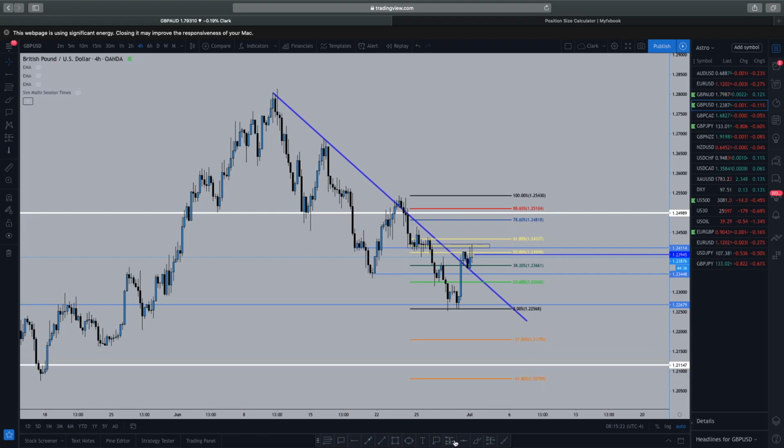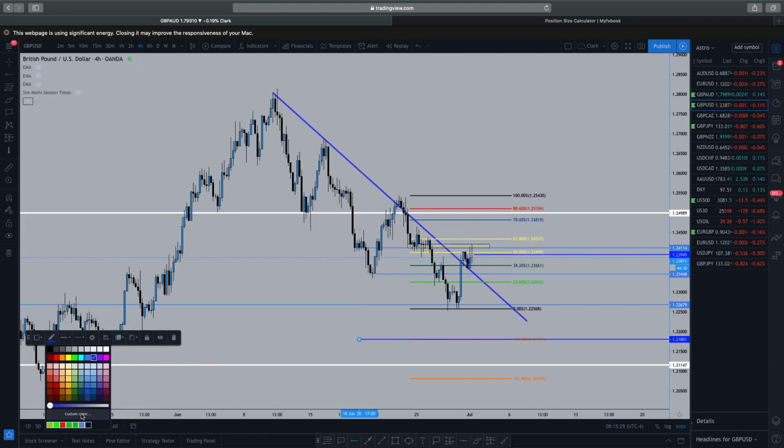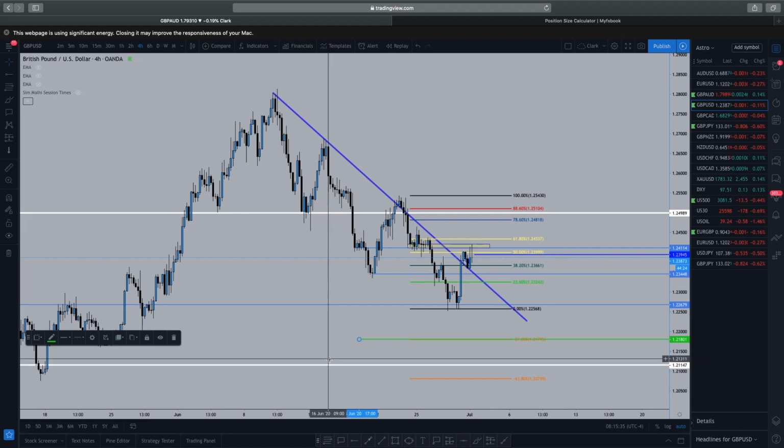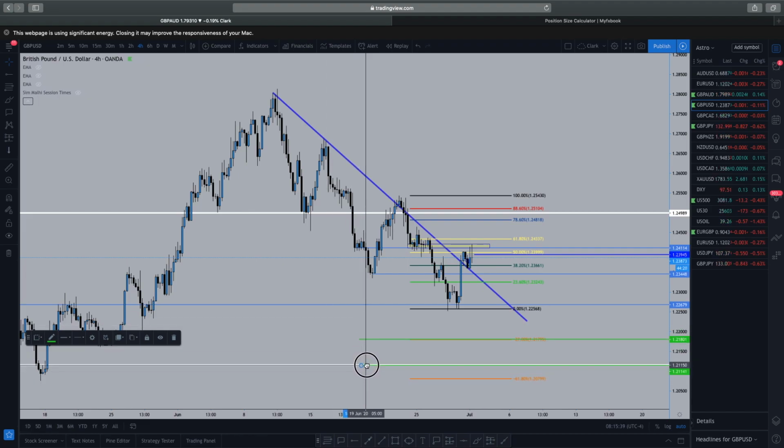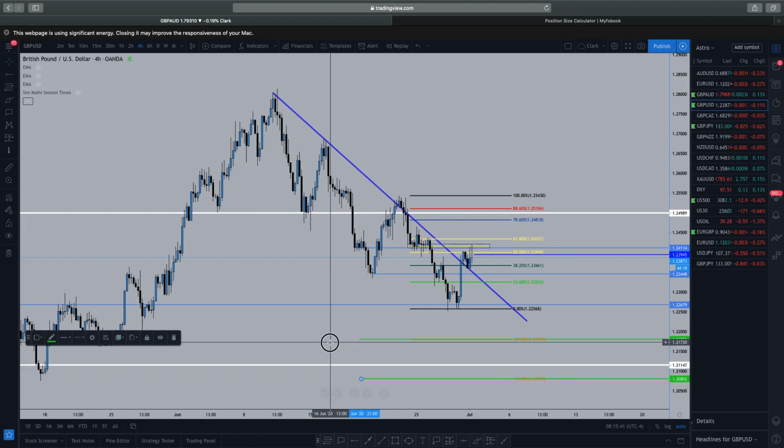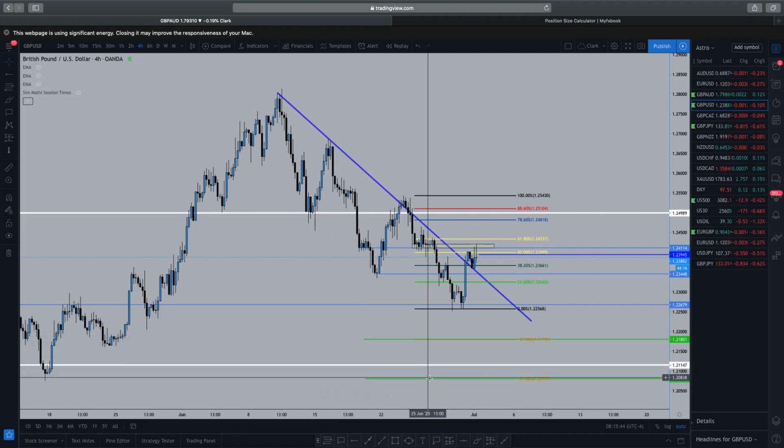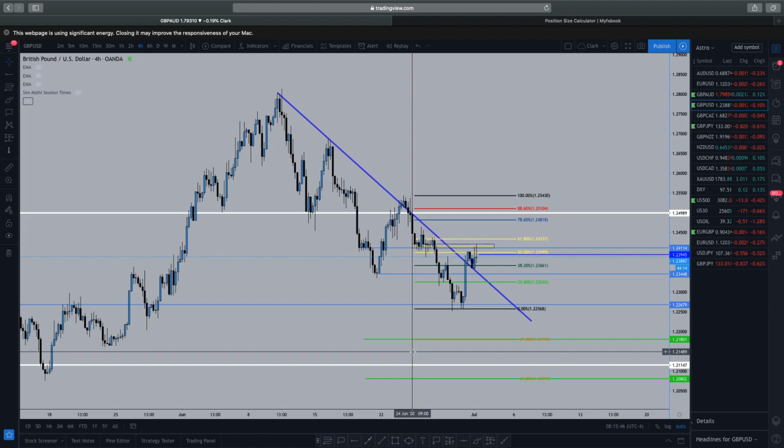So first target would be there. Set that as a green. And then we'll have another target. Well, obviously that's going to be a target. That's going to be like the end target. Maybe you get like a wick into that to tap you out. But really, in between here and here is going to be the main target area.